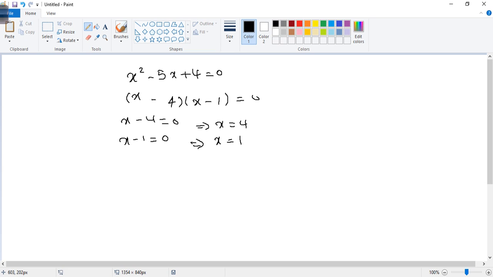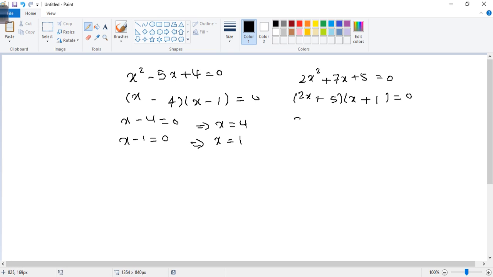Another one, if we say 2x squared plus 7x plus 5 equals 0. We need the value of x, so we make brackets. 2x squared is 2x times x. What's 5? 5 times 1, and we have plus, we have here 5x and we have here 2x, the answer is 7x.